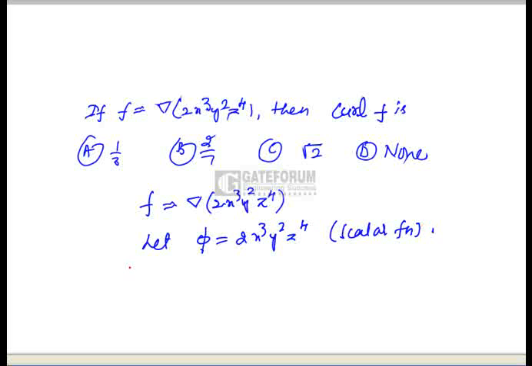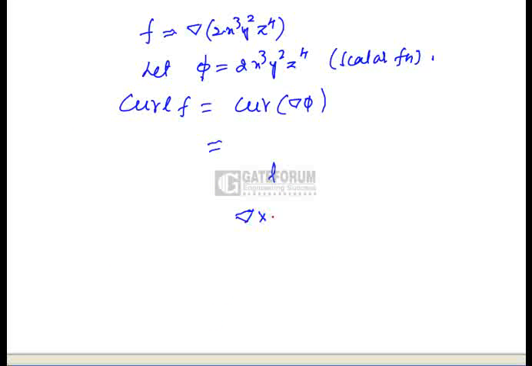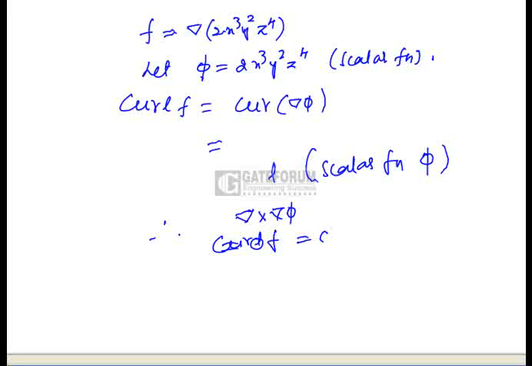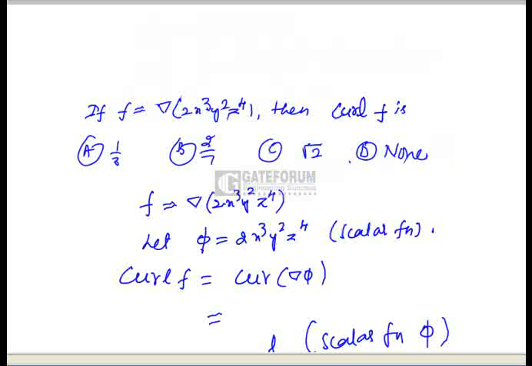Now we have to find curl f. Curl f is nothing but curl of del phi. We also know that curl del phi is nothing but del cross del phi, which will always equal 0 for any scalar function phi. Therefore, curl of f is 0, which is option D.